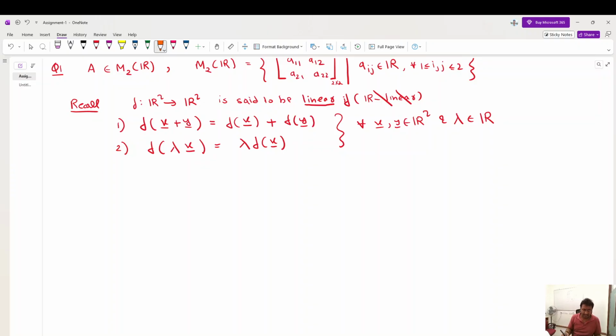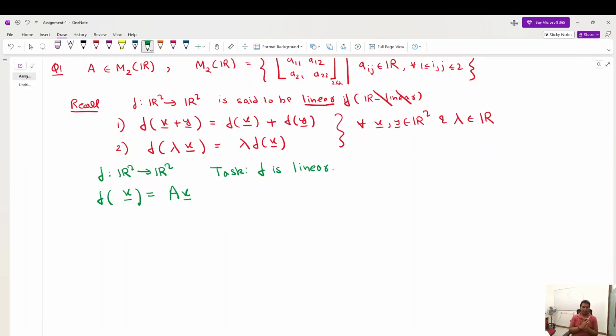For example, Friedberg; I personally recommend that for a very first course. So what we have to show: we have a map from R2 to R2. What is the map, guys? I have this fixed matrix and I'm defining some map. If I take an x bar in R2, you do this matrix multiplication. So what is the task? The task is to show that f is linear.